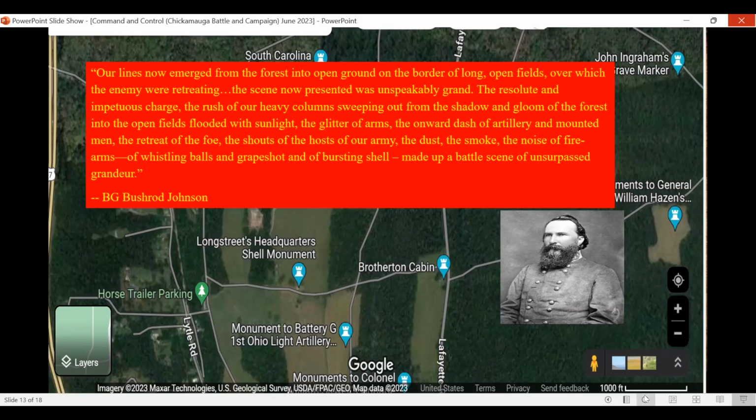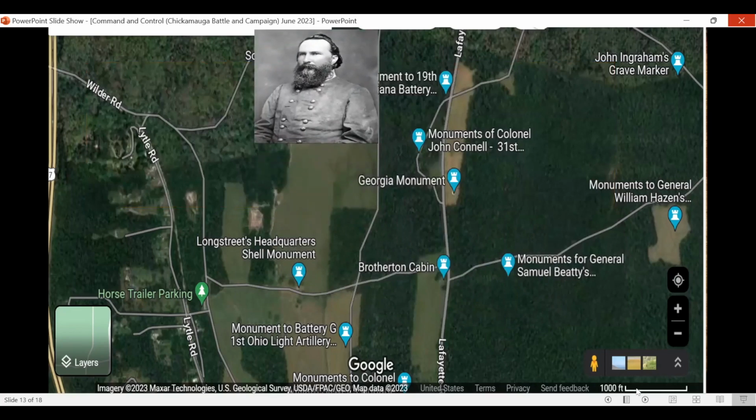So as Longstreet heads up towards Snodgrass Hill, the vast majority of them do, at least. Some turn due west. John B. Hood, of course, is wounded in the right leg, and he's out of command, but that's probably a story for another day.